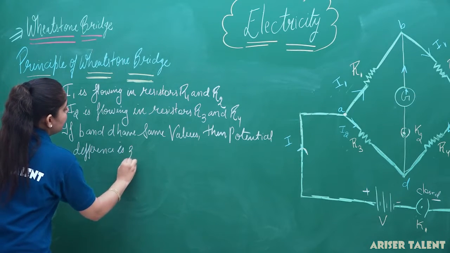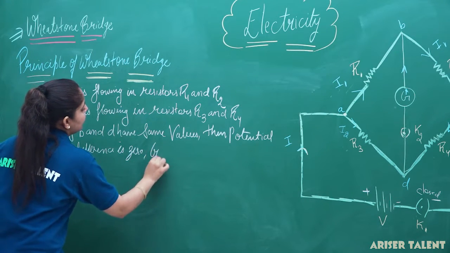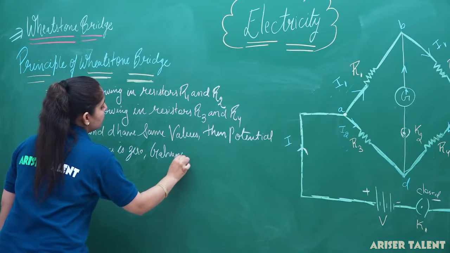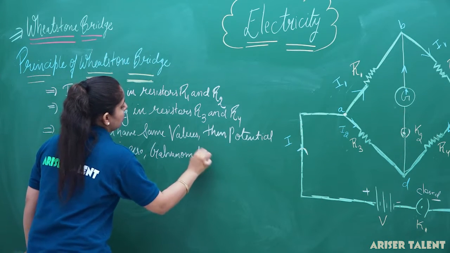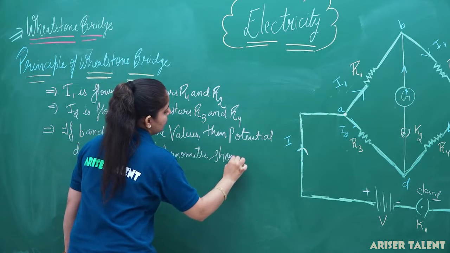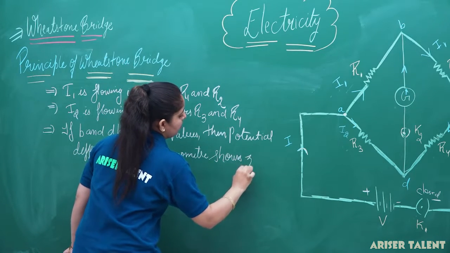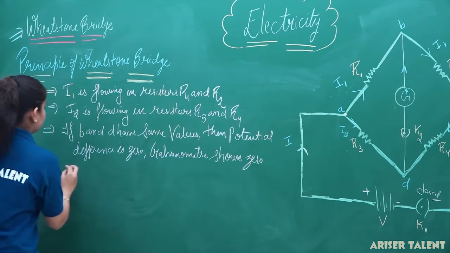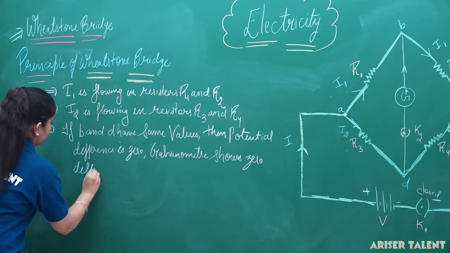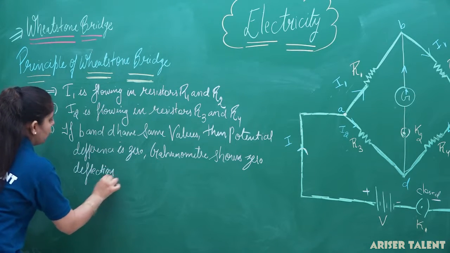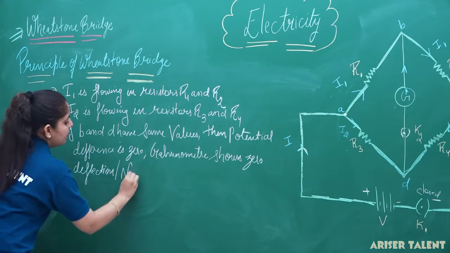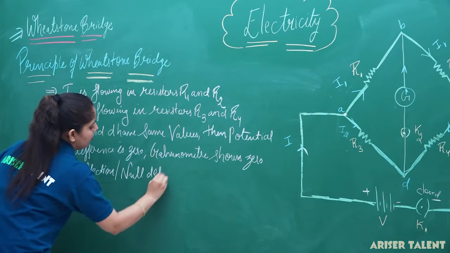And if potential difference is zero, galvanometer shows zero deflection, or we can say it as a null deflection.